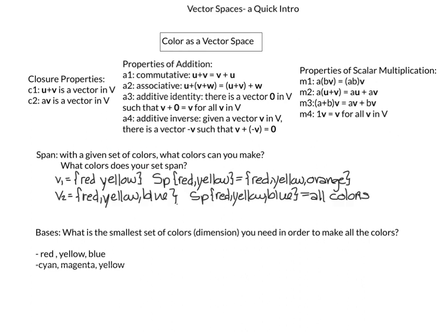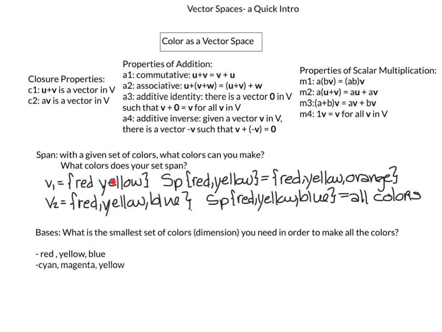So if my set of colors, the one that I'm carrying around in my backpack today, are red and yellow, then the span of my colors, what colors can I make, would be red, yellow, and orange, because I'm going to use some sort of combination of red and yellow. Whereas if the next day I carried around red, yellow, and blue, all of a sudden the span of my red, yellow, and blue colors would be all colors, so that's pretty powerful.